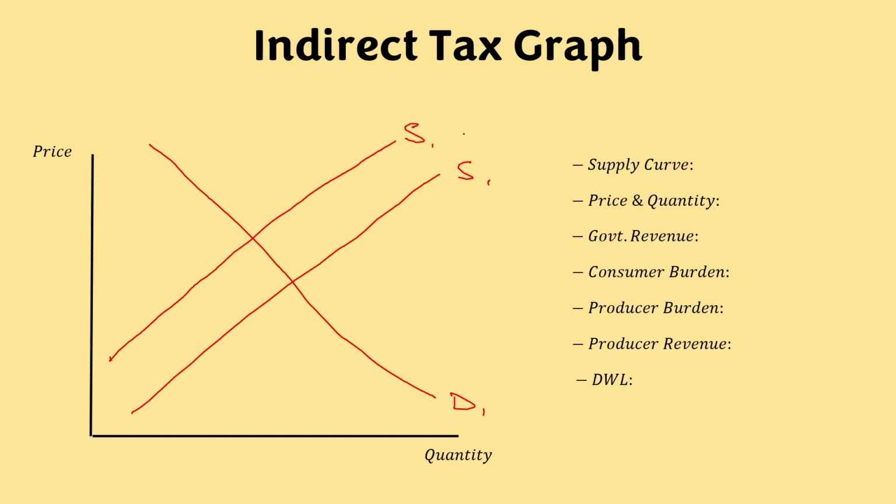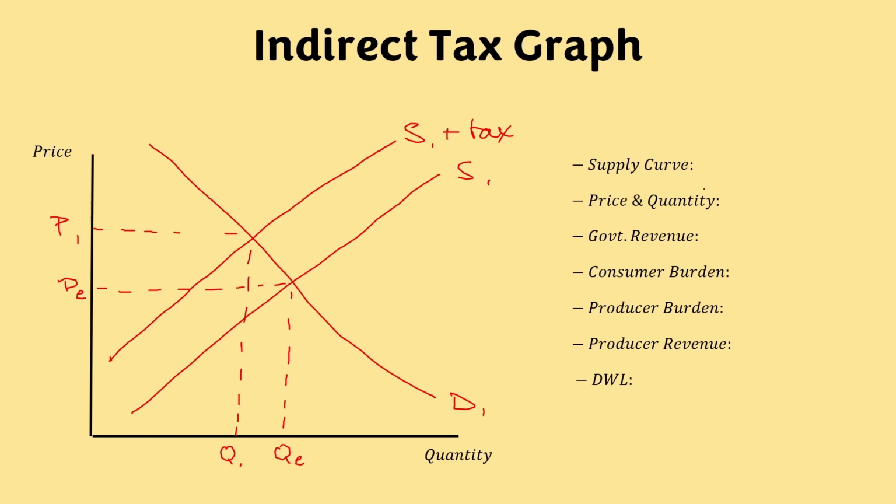So we can label this supply curve as S1 plus tax, right? So this shows that the shift in supply is simply due to the tax, okay? And let's join these dotted lines. So we start at equilibrium, PE, QE, and then it shifts to Q1, P1, for example, okay?